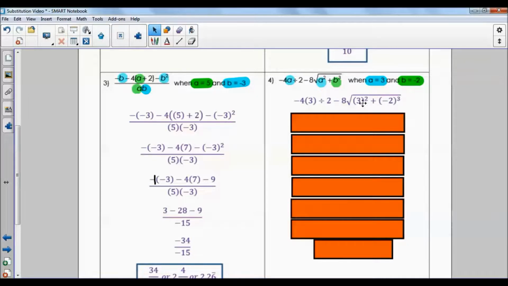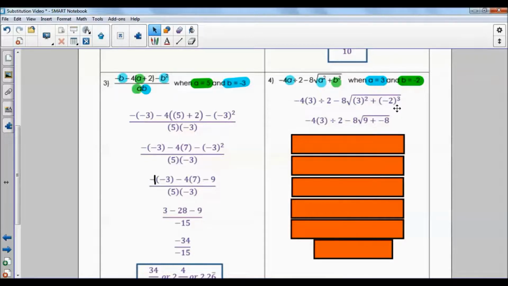Remember, I have my parentheses every time I put a variable. I had 3 variables and 3 new sets of parentheses, right? Okay, order of operations, grouping symbols first. So underneath our square root is a grouping symbol. So under there, we're going to do our exponents. So 3 squared is 9, -2 cubed is -8, and we keep that plus in the front, right?